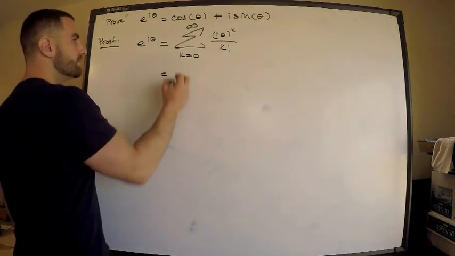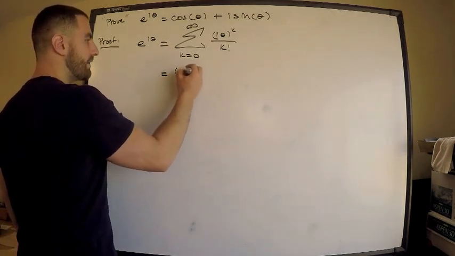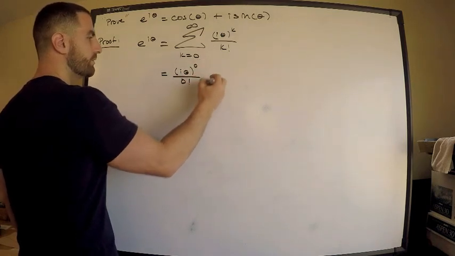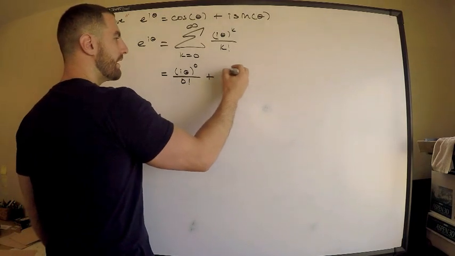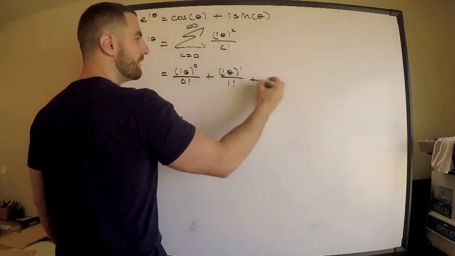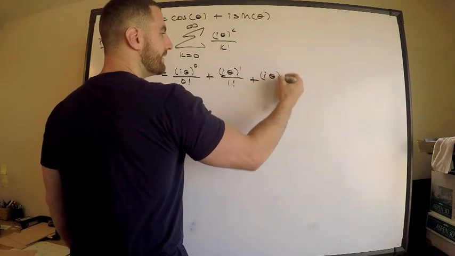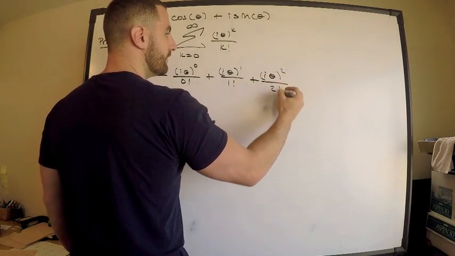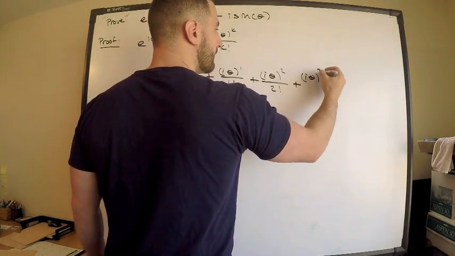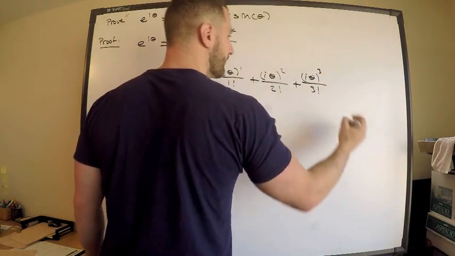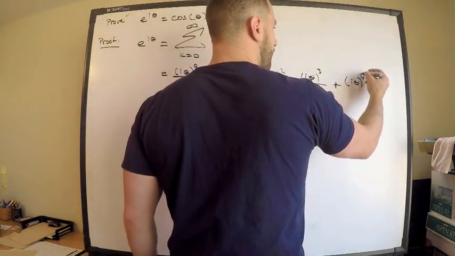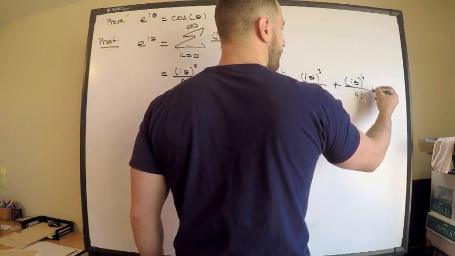So this is equal to (i theta) to the 0 over 0 factorial, plus (i theta) to the 1 over 1 factorial, plus (i theta) squared over 2 factorial, plus (i theta) cubed over 3 factorial, plus (i theta) to the 4th over 4 factorial.